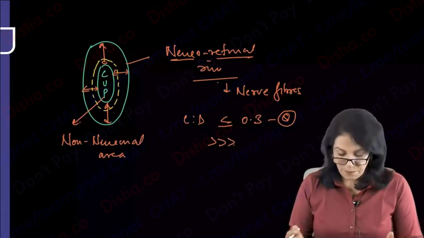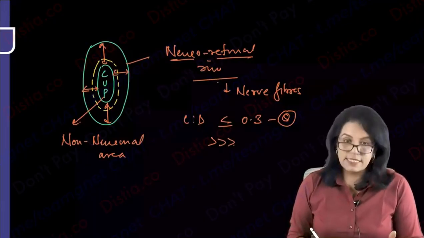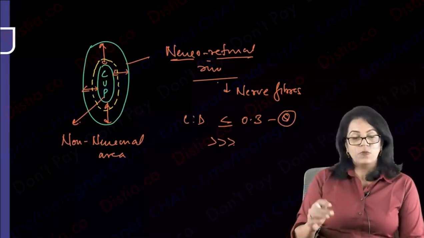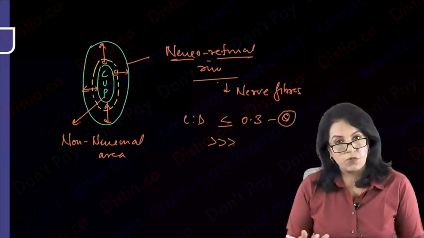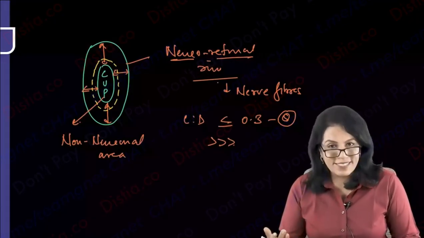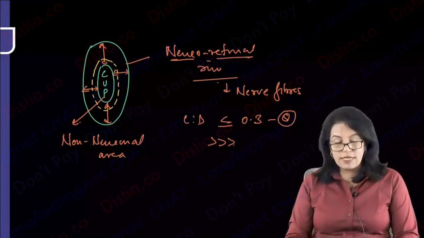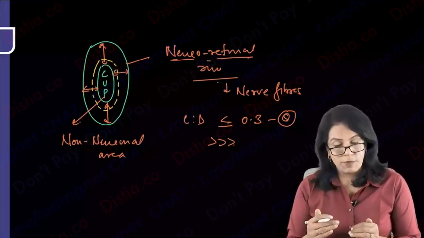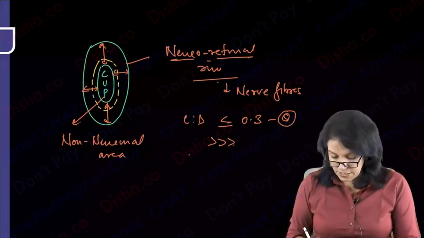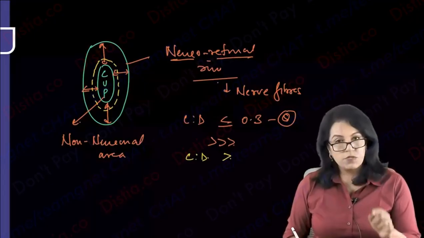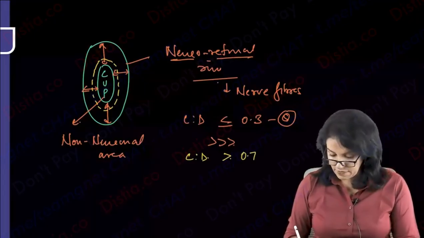You just read that? So let's understand this. There's another question. Do we really suspect a patient of glaucoma if the CD ratio is 0.3 only or a little more than 0.3? No. So generally we should start suspecting when the CD ratio is more than, according to the latest edition, 0.7.